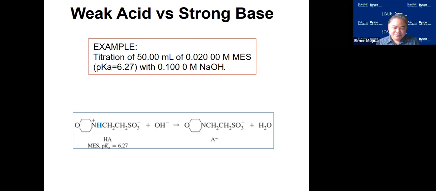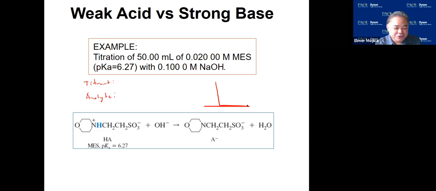Okay. So the next question that I'll ask you here: what is the titrant and what is the analyte? For those who have not answered yet, please answer that. And how would the titration curve look like?